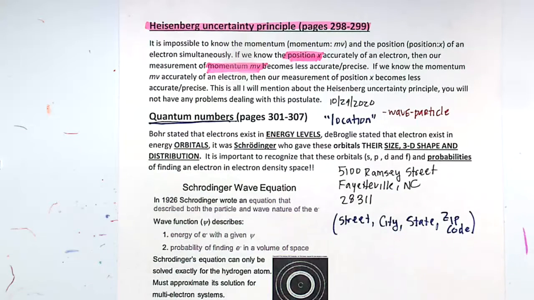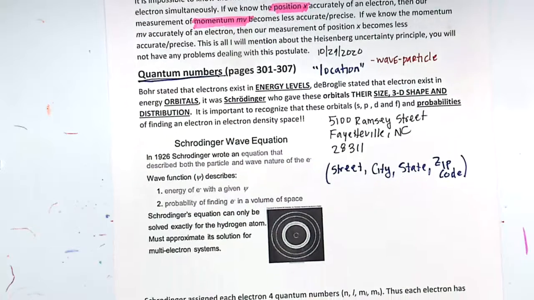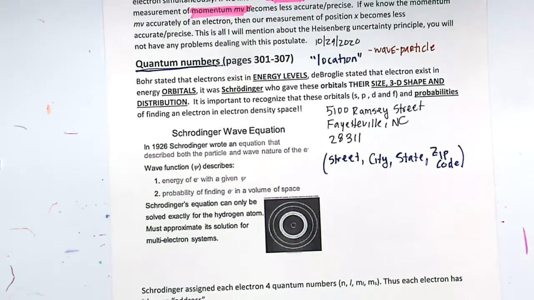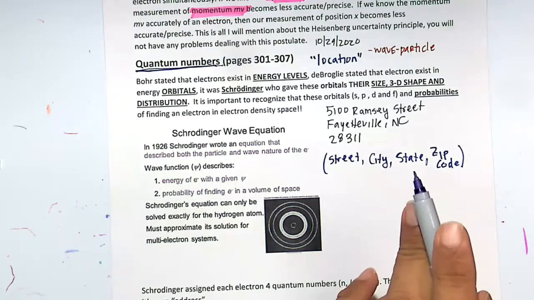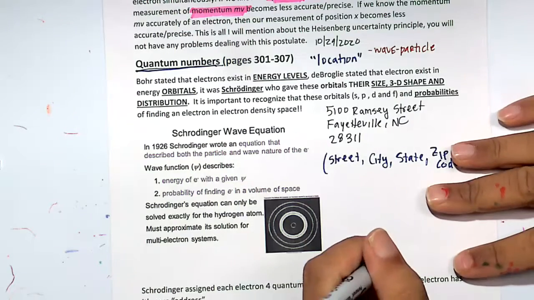All right, so what are these 4 quantum numbers? This is what I want to explain, then electron configuration, and then we'll be done.